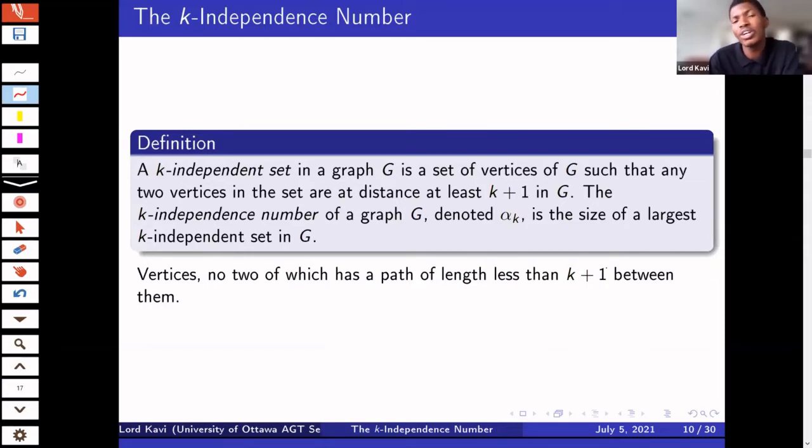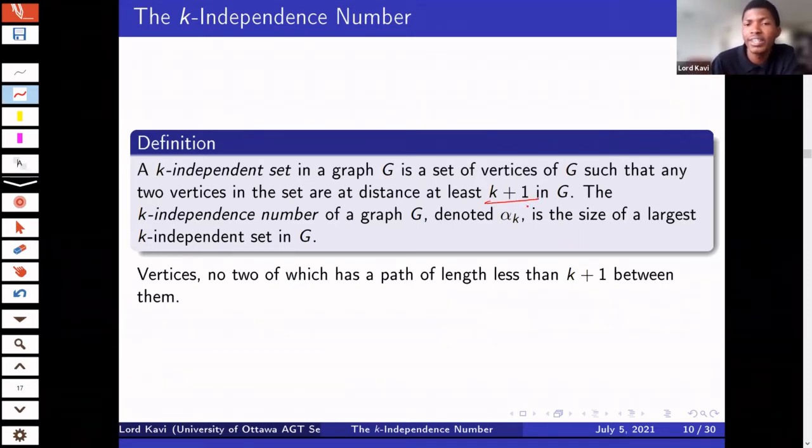So let's look at the generalization of the idea of independence number to the k-independence number. Indeed, there are about 2 other definitions for the k-independence number, but our focus is this. So consider a graph G, and consider a set of vertices in the graph such that any 2 vertices are at distance at least k plus 1.